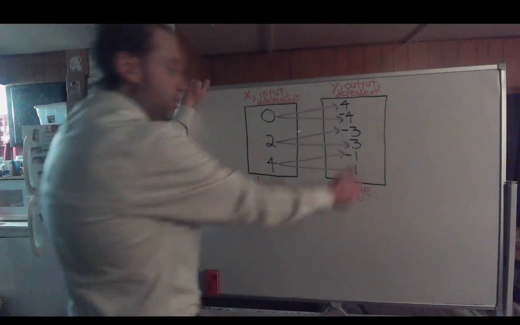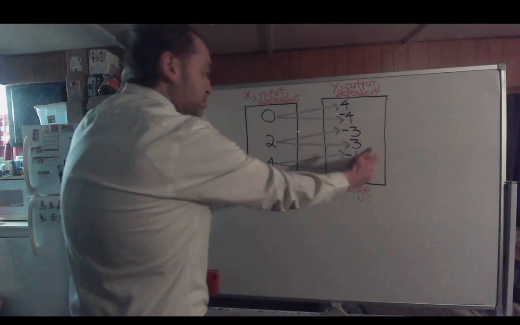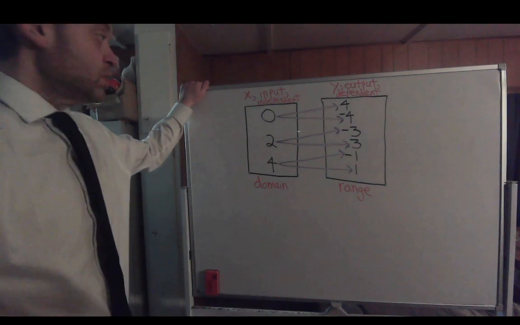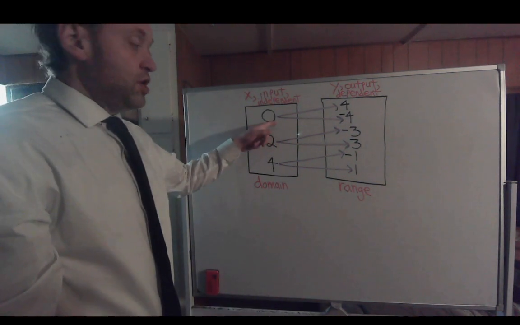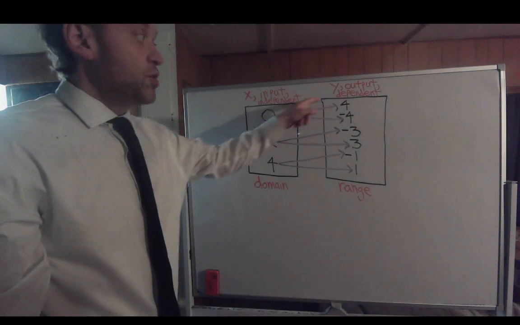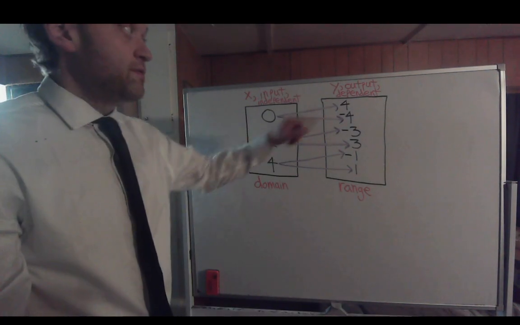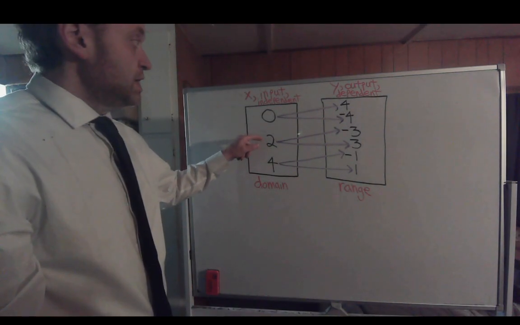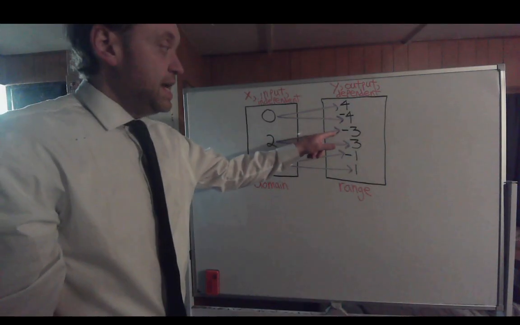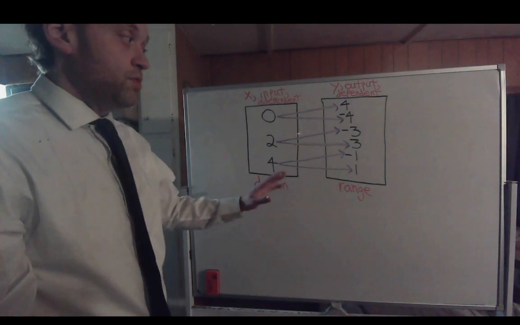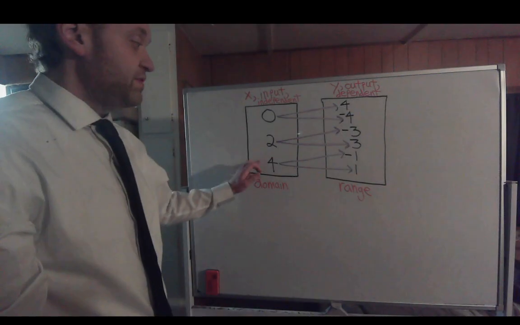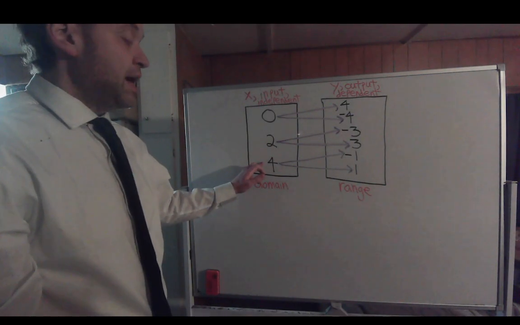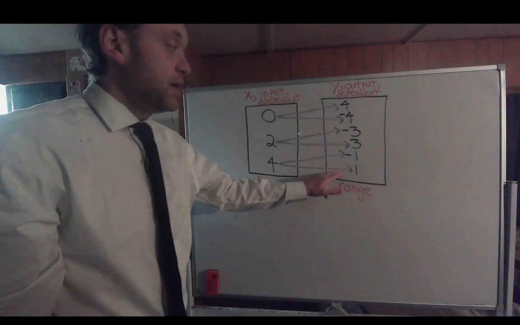And then we have our range here, which is our output, our y variable. If you input 0, you get both positive 4 and negative 4 as an output. If you input 2, you get out negative 3 and positive 3 both as your outputs. And if I input 4, I end up getting out negative 1 and positive 1.